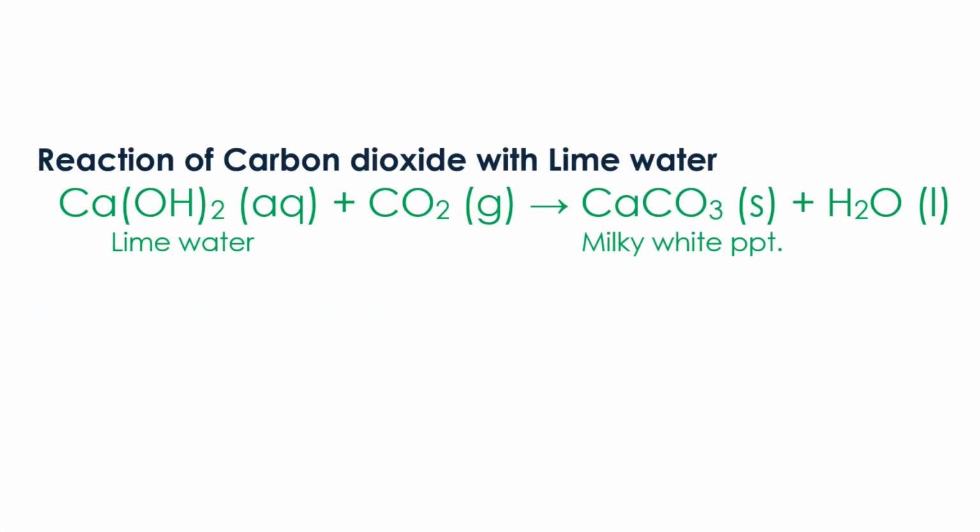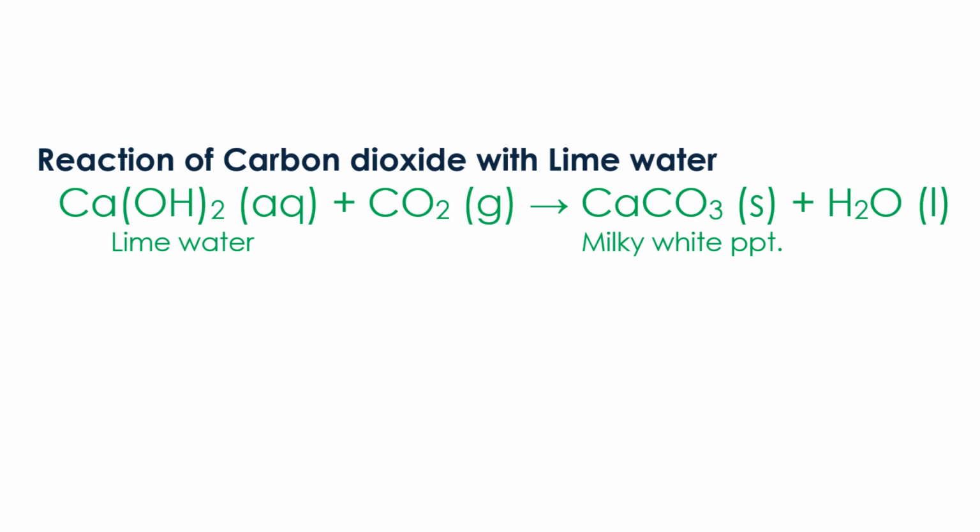When the carbon dioxide gas evolved is allowed to bubble through a clear solution of lime water, chemically known as calcium hydroxide solution, the gas turns lime water milky. The reaction between carbon dioxide and lime water is as shown here. The calcium carbonate formed is a white-colored substance that is insoluble in water.